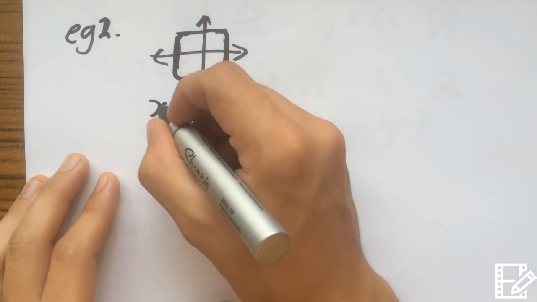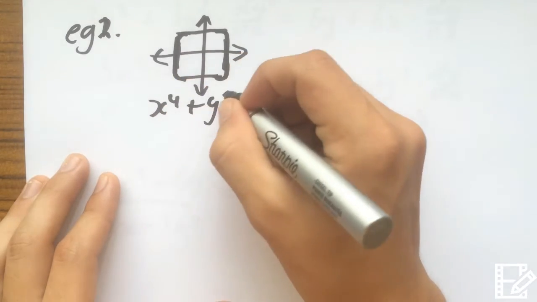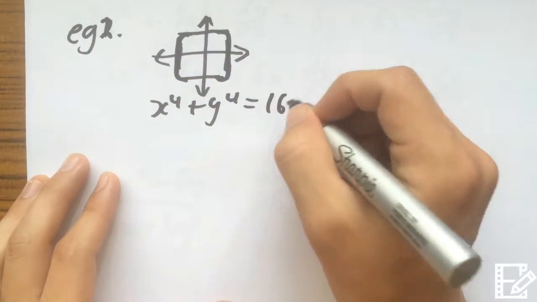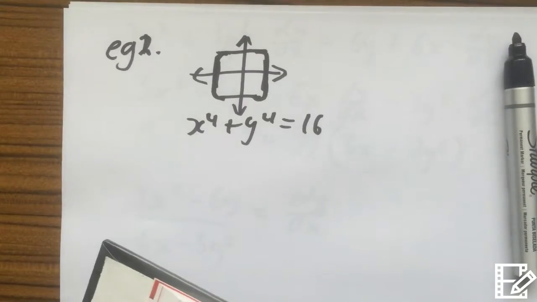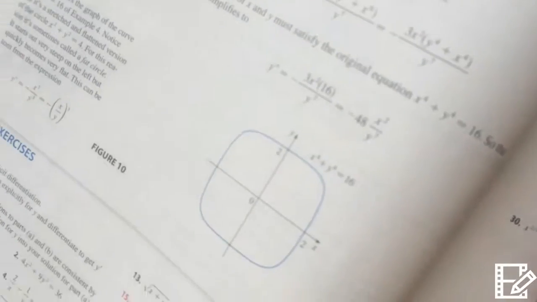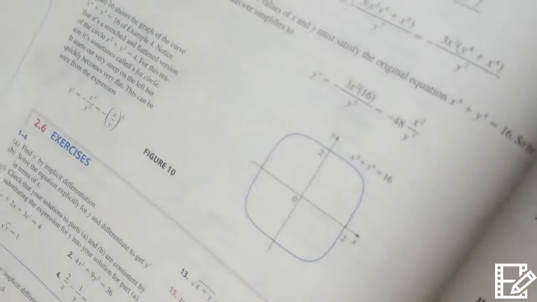And the function for that is x to the power of 4 plus y to the power of 4 minus 16 equals 0. And it's also in this book that I showed before.